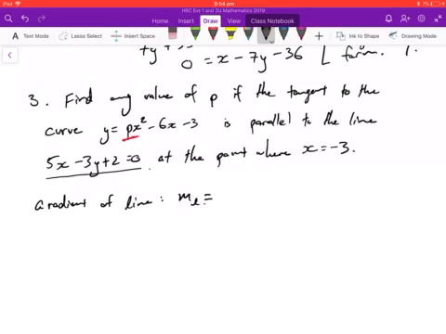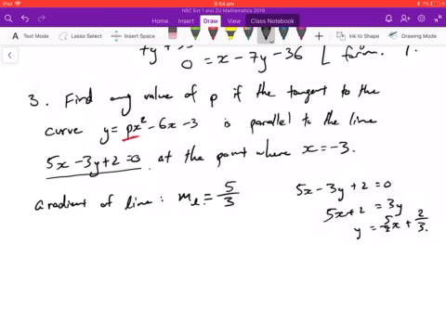Remember we said it's negative A on B. If I rearrange this line to gradient-intercept form, this becomes 5x plus 2 equals 3y. Divide by 3, you get y equals 5 on 3 x plus 2 on 3. So therefore the m of the line is equal to 5 over 3, negative A on B.